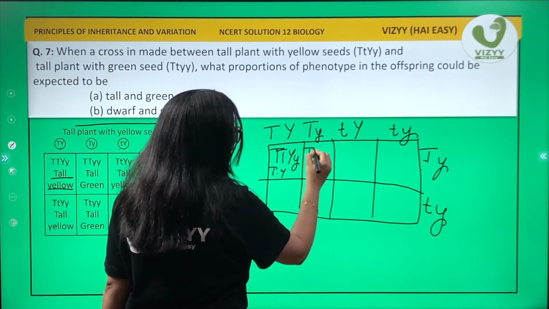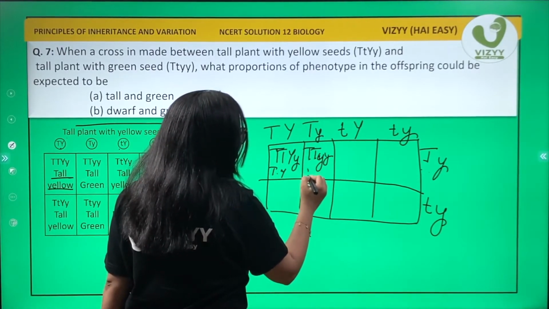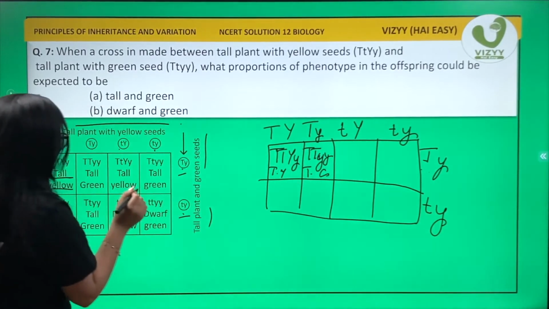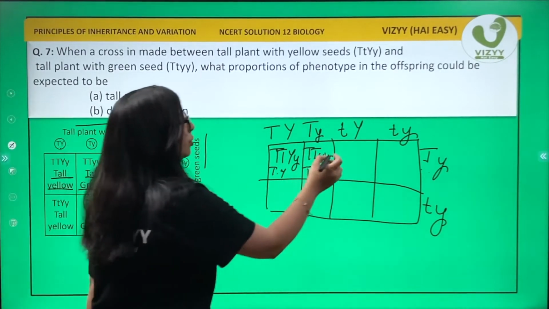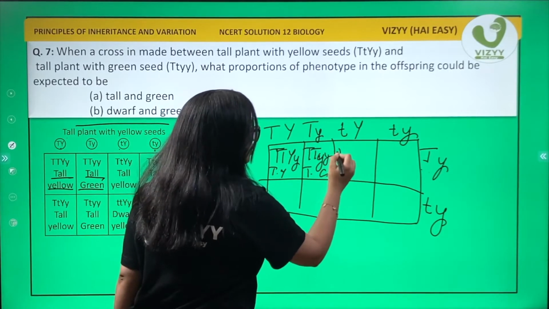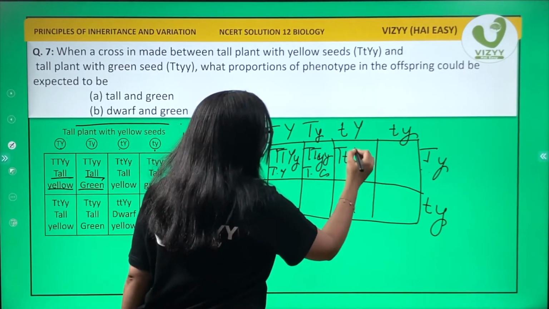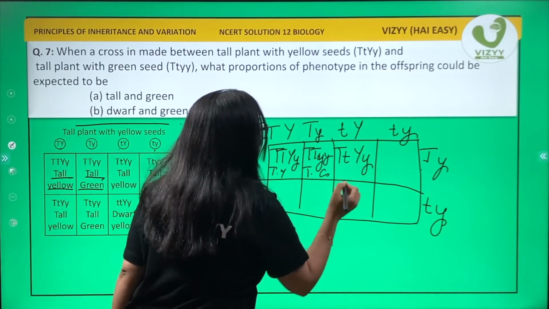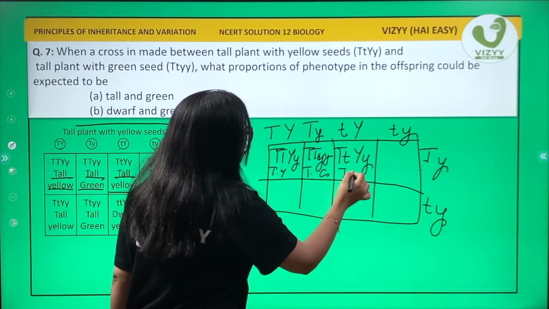Capital T, small y, small y. So, this will be tall and green. Okay, easy. Now, small t, capital T. So, capital T, small t, capital Y, small y. So, this is again what? Tall and yellow.